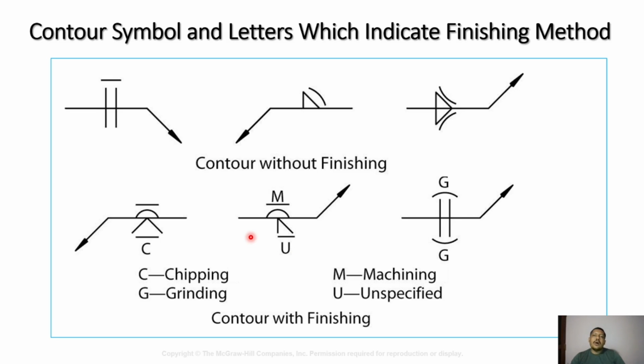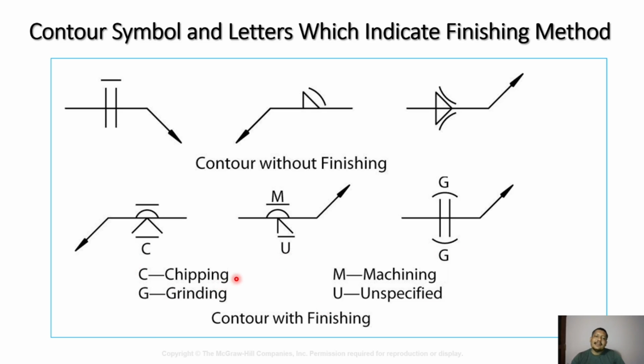So these are some auxiliary options which are available with respect to your finishing condition. This is a flat one, you can go for a contour without finishing. Okay, so concave shapes or convex shapes. Now if you want to make it like this, C, U, M or G, this is with finishing.